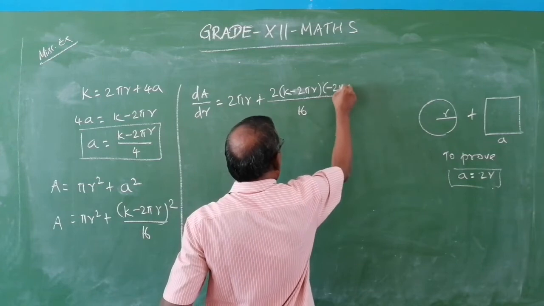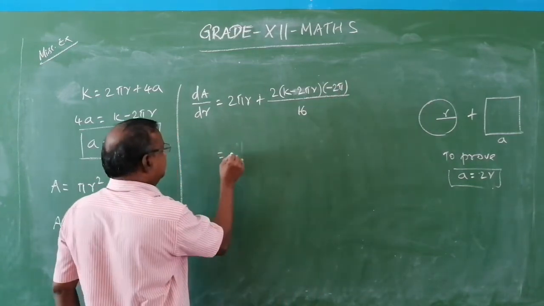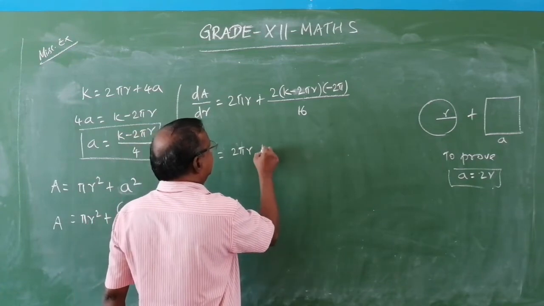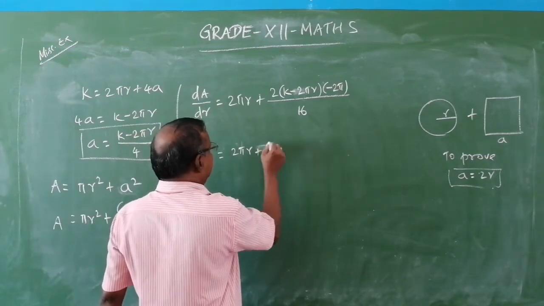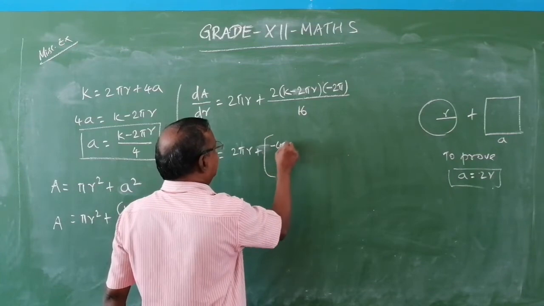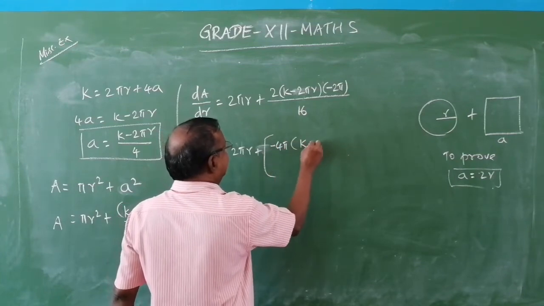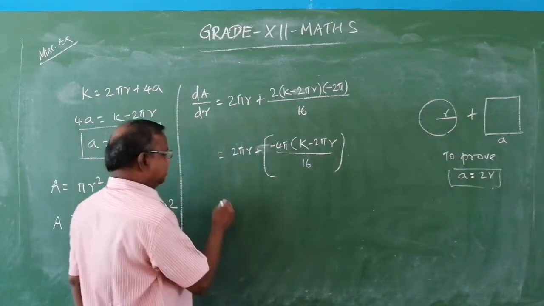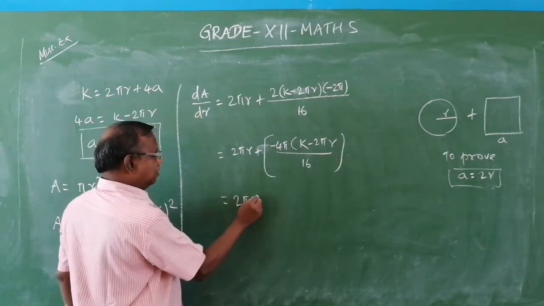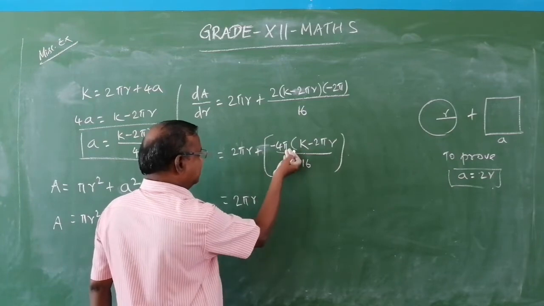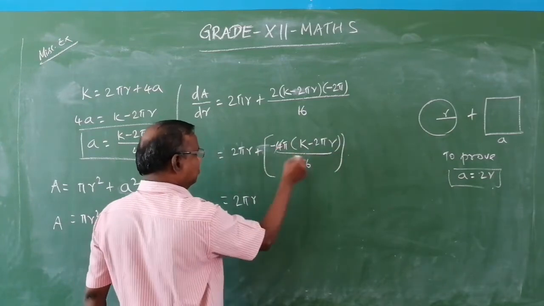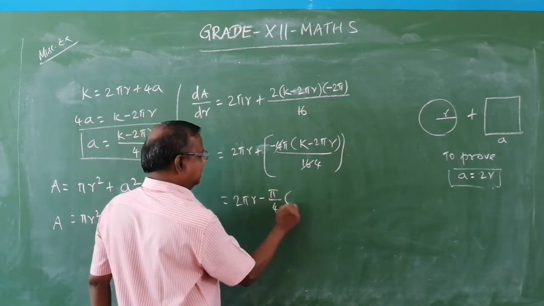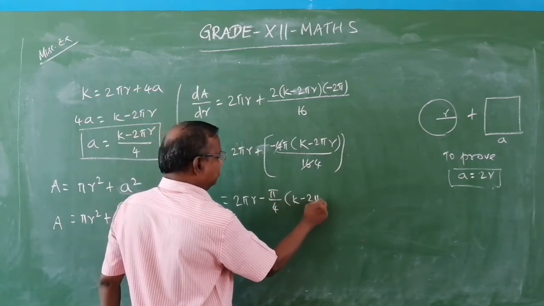That is equal to 2 pi r plus minus 4 pi into k minus 2 pi r divided by 16, that is equal to 2 pi r, taking minus 4 pi as common, 4 cancel, so minus pi by 4 into k minus 2 pi r.